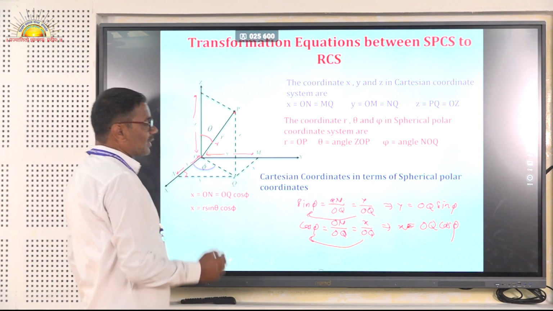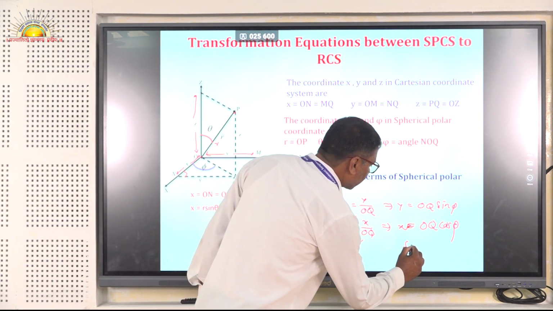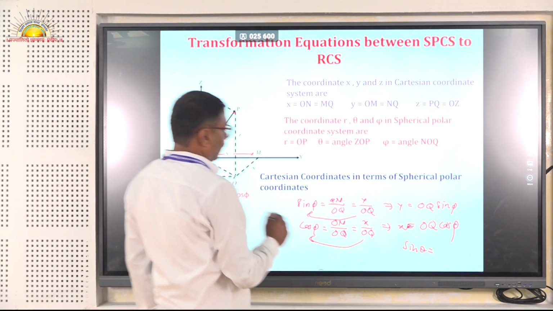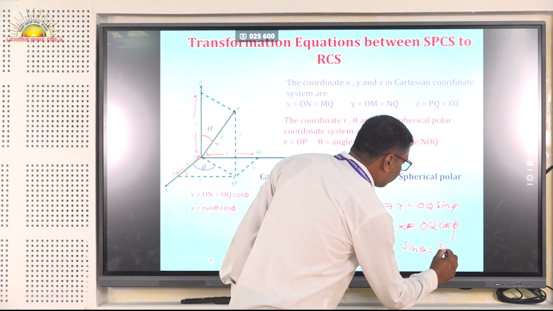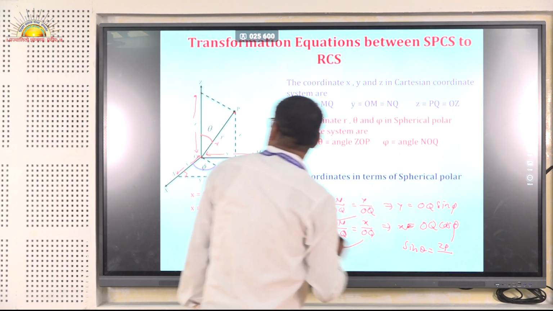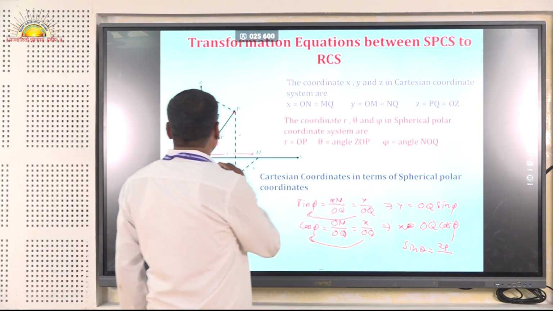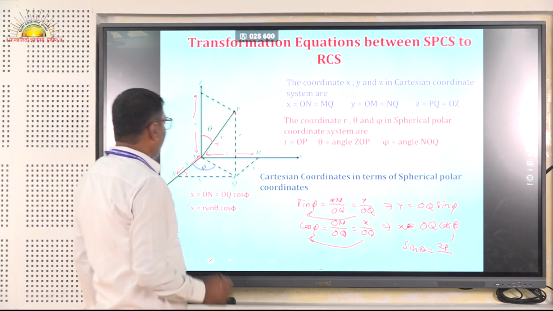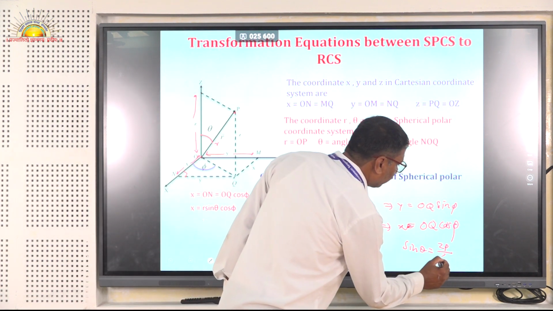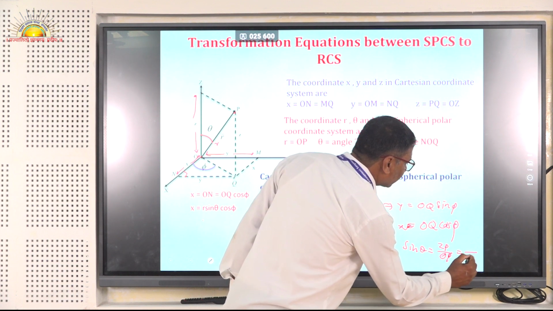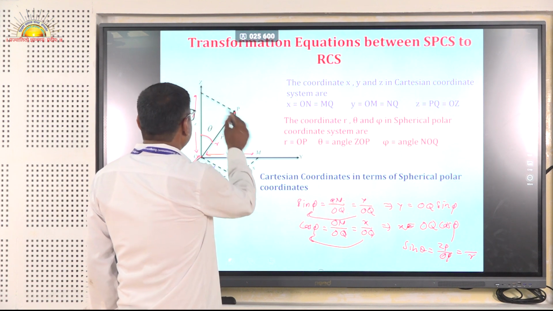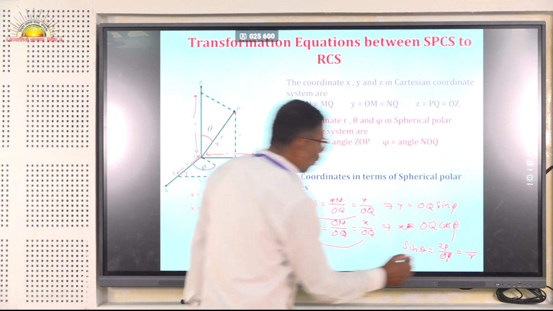Now if we take the sine of theta, sine theta is the opposite side ZP divided by OP. OP is r, and ZP is nothing but OQ.